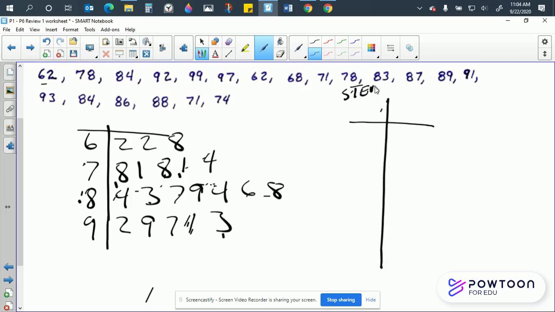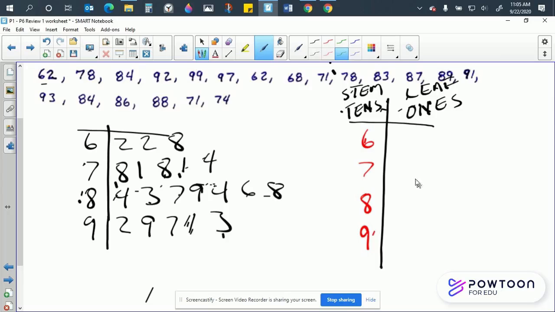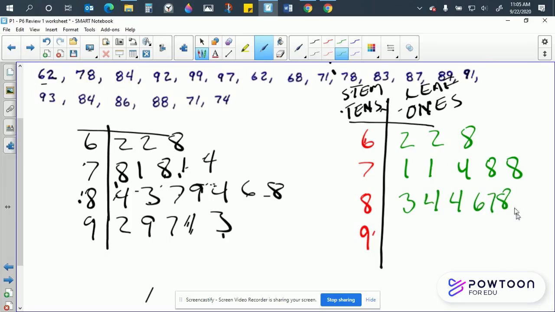So our stem is our tens, and our leaf is our ones. 6, 7, 8, 9, 2, 2. And there's our 7 leaf.